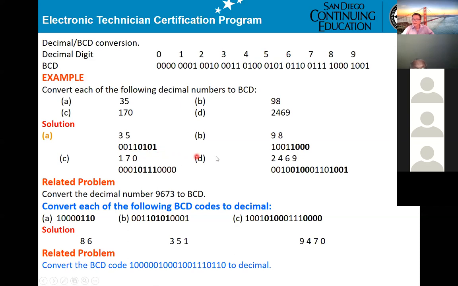And number 98, easy. Number 9 is 1001, 8 is 1000. So now you know how to convert from decimal to BCD.